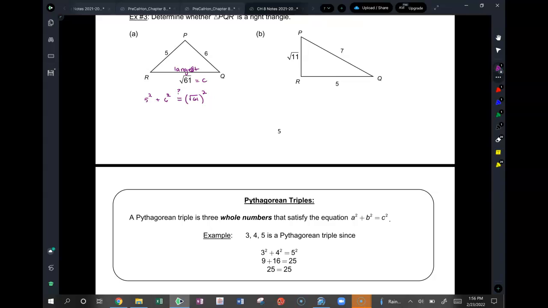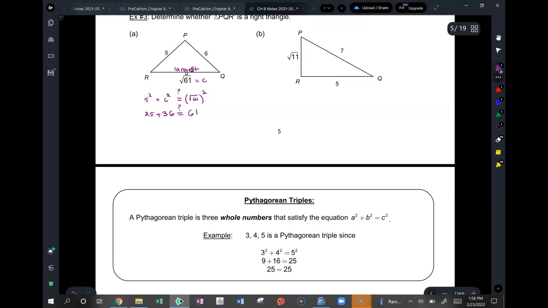I take a as is, square it, b as is, square it, c as is, square it. I write it up with the squares first, then I worry about how to square this number. So 25 plus 36, what is that one? 61, because the square and the square root cancel each other.